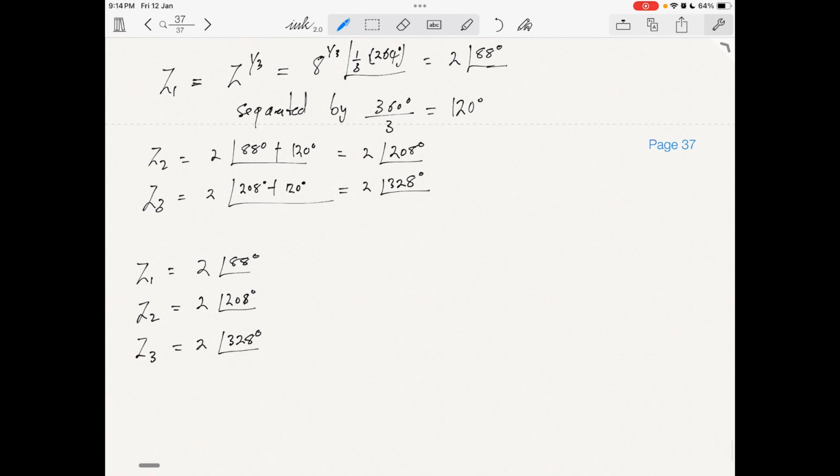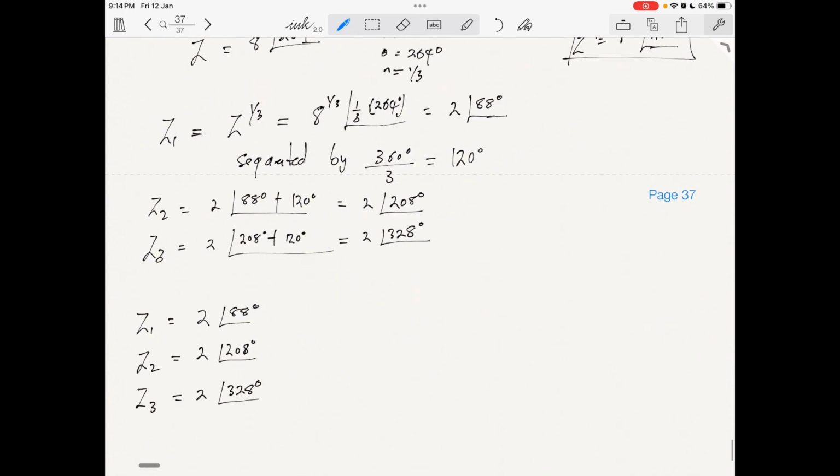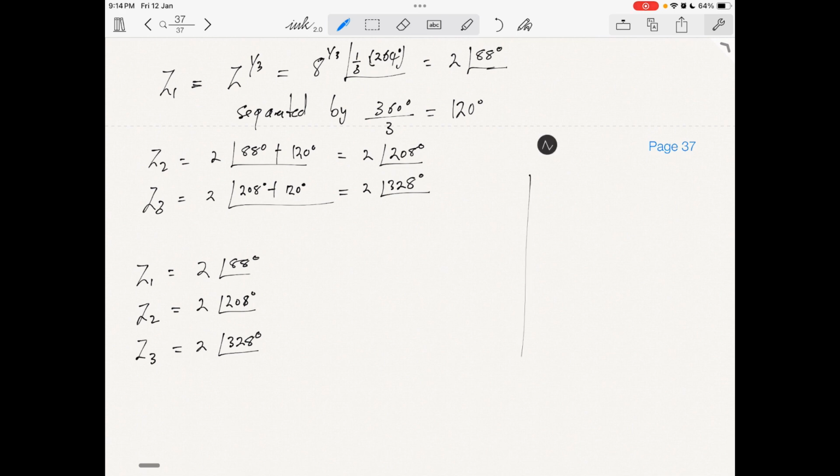We are also required to show all the roots on an Argand diagram. So on an Argand diagram, we can display it. 88 degrees falls in the first quadrant, very close to the end of the first quadrant. So this will be z1. 208 degrees falls in the third quadrant, which is around here.